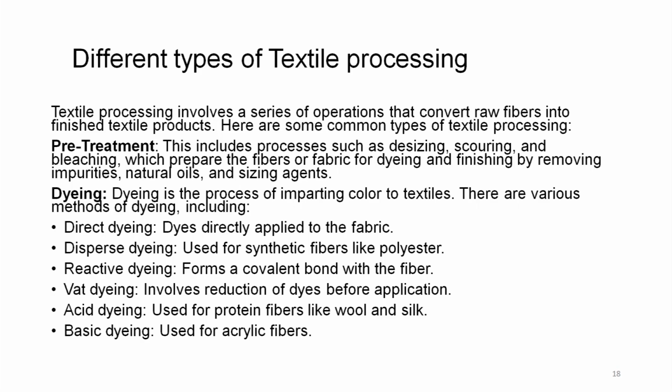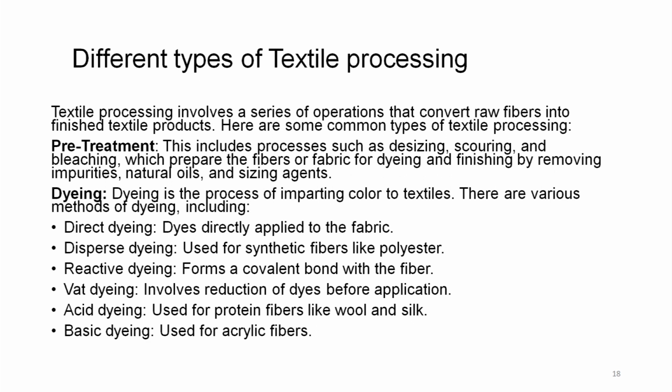There are various methods of dyeing, which include direct dyeing, where dyes are directly applied to the fabric. Disperse dyeing, used for synthetic fibers like polyester. Reactive dyeing, which forms a covalent bond with the fiber. Vat dyeing involves reduction of dyes before application.